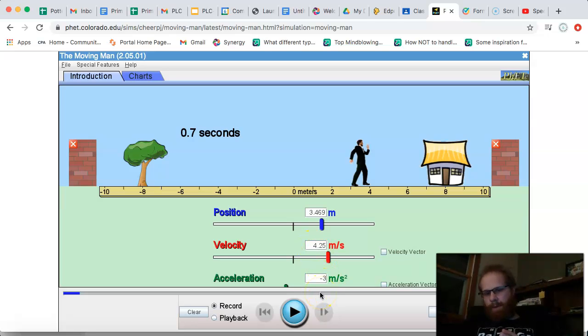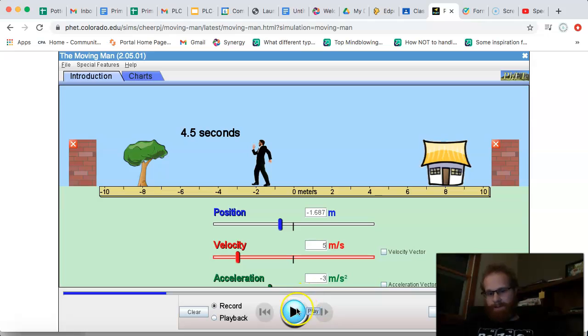So what do you think is going to happen to his speed over time? Because right now he's got negative acceleration, or he's decelerating. So what's going to happen to his speed or velocity over time? Let's find out. Yeah, he started to slow down. And then eventually he started to go backwards. Here, let's check that out again. Let's see what happens.